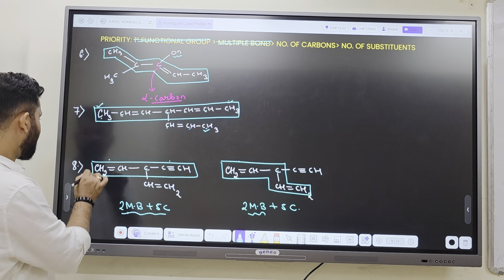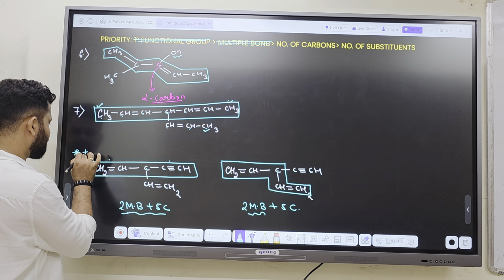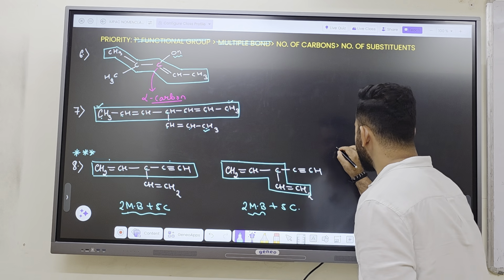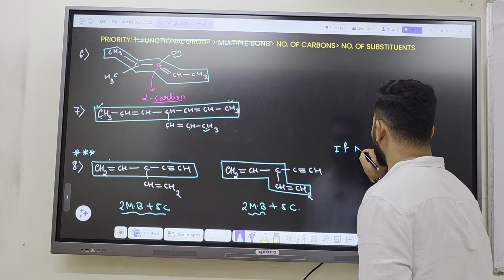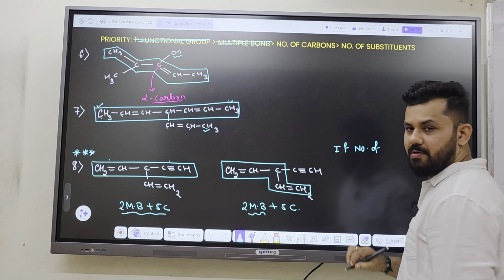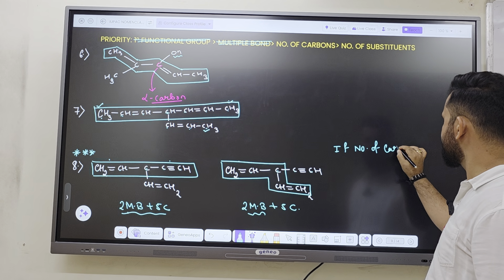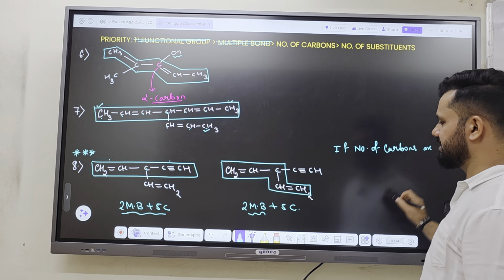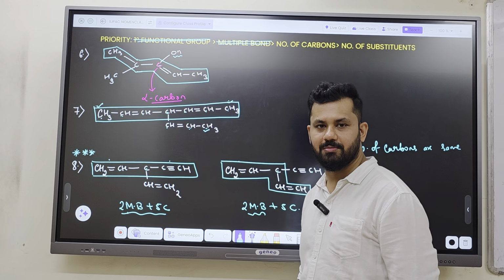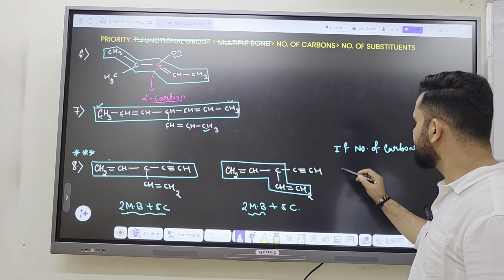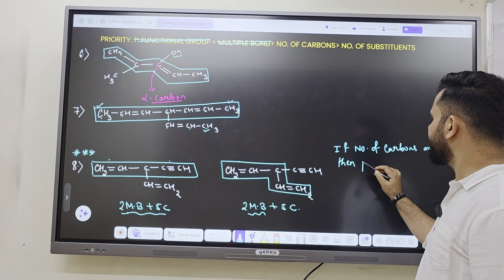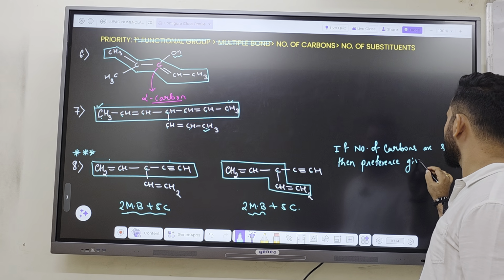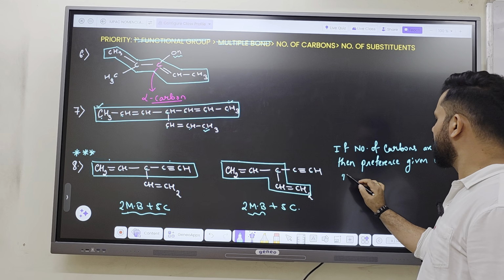So this is a very, very important example. Students generally miss out on this. It says that if number of carbons are same, yes sir, here also 5 carbons, here also 5 carbons, and of course multiple bonds are also same, then preference is given to double bond.